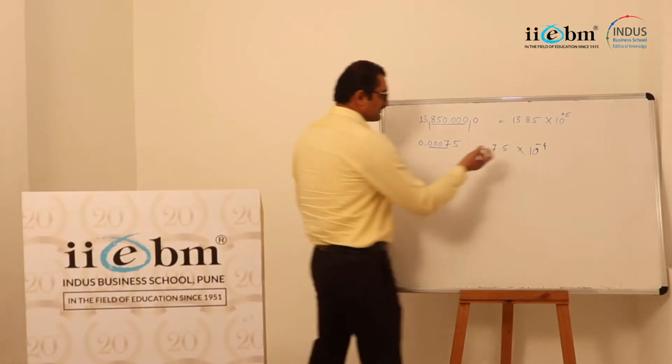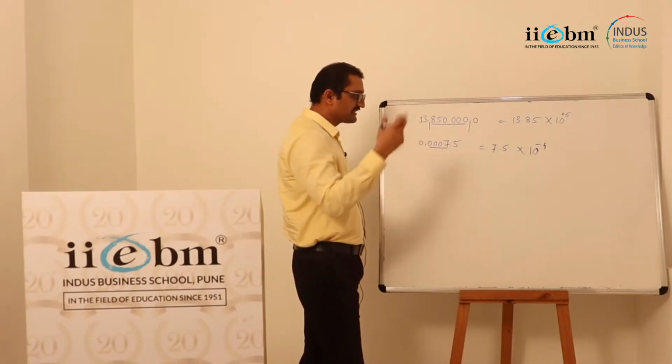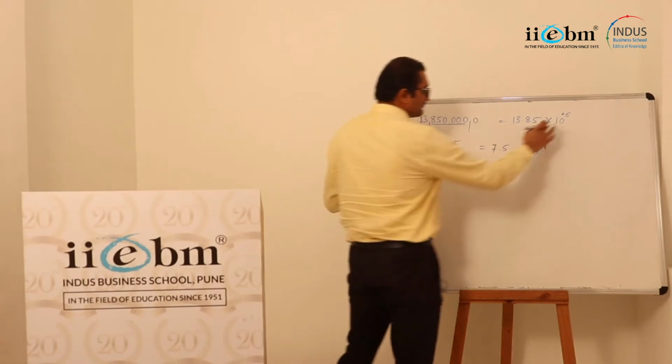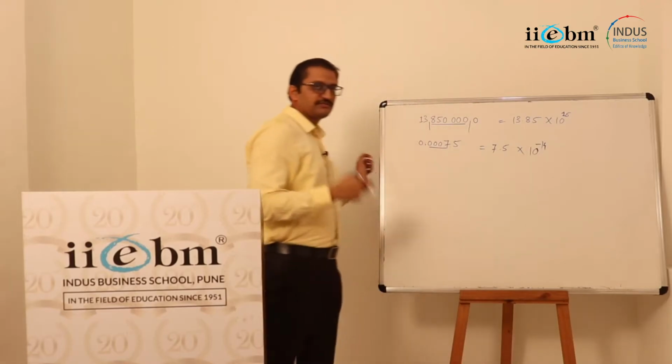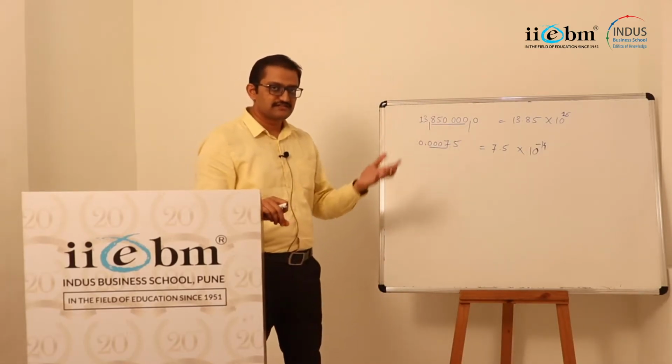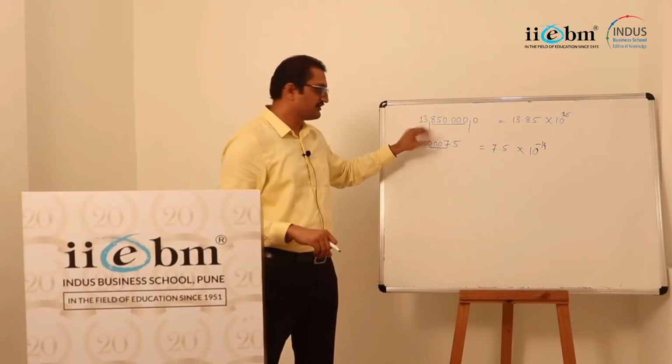Now this is the simple example which I am stating. Many times we will come across these kinds of numbers like 10 raised to 16 or maybe 10 raised to minus 14 or something like this. Again, this number will have a similar kind of notation.